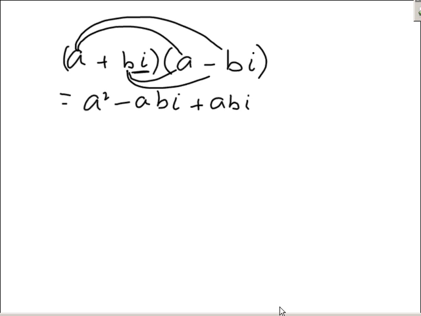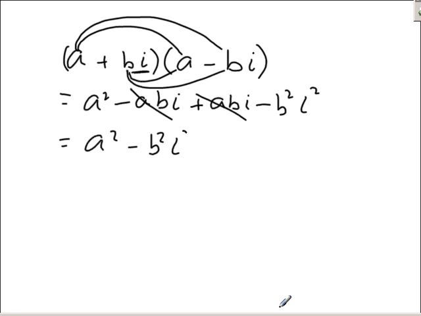And then positive bi times negative bi. Positive times negative is negative. b times b is b squared. i times i is i squared. Well, if you take away abi and then you add back abi, it's as if there were no abi's. So we're left with a squared minus b squared i squared. The i squared is negative 1.